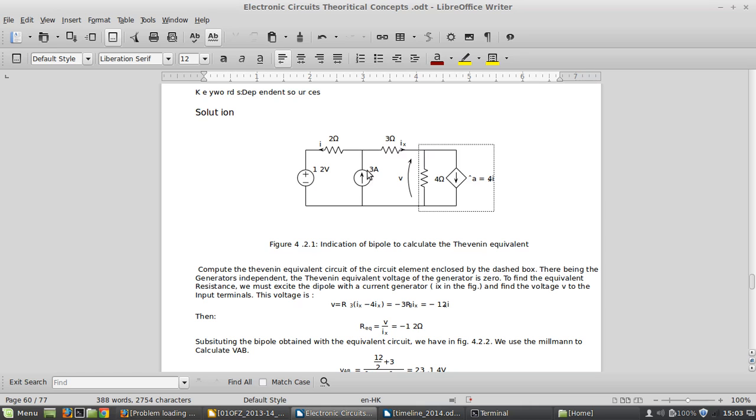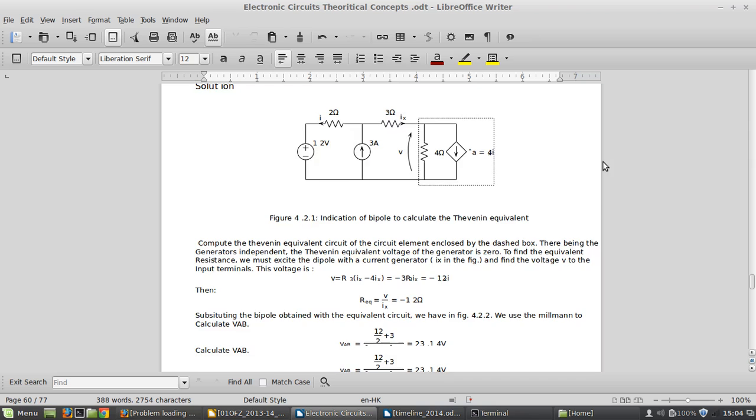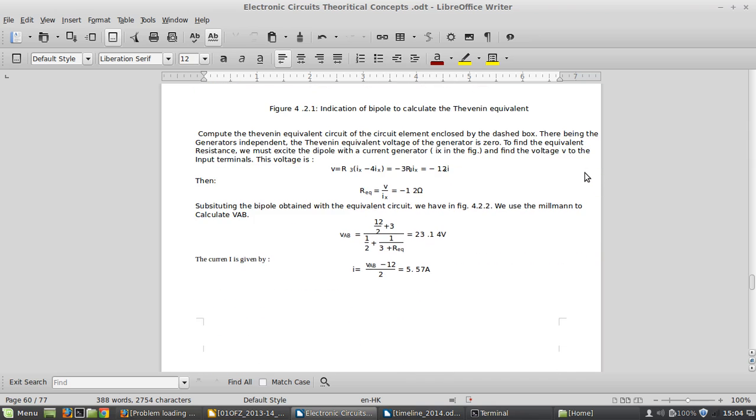Some independent sources may be turned off. For example, this 12 volt source can be turned off because it is not dependent on anything. But some sources are related to the dependent sources, that is Ix.